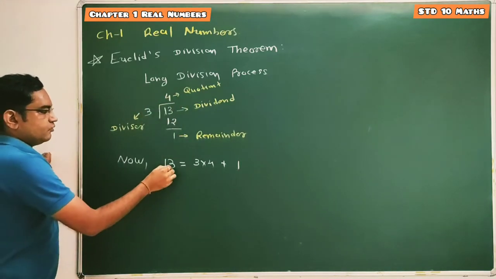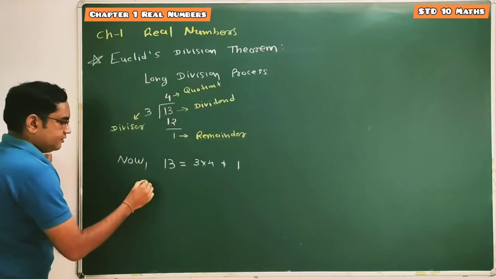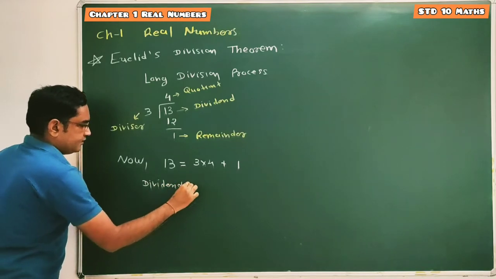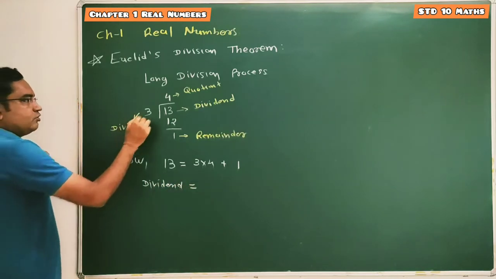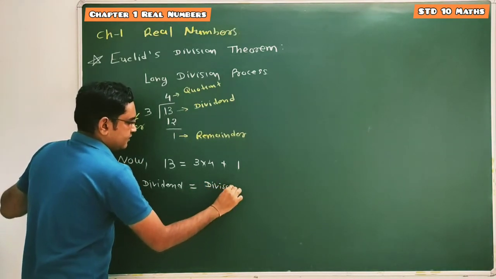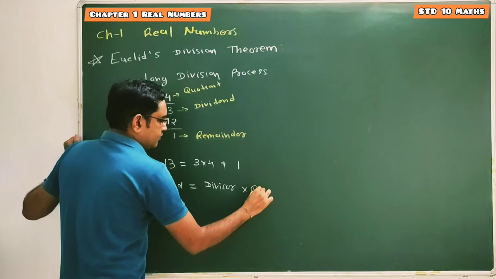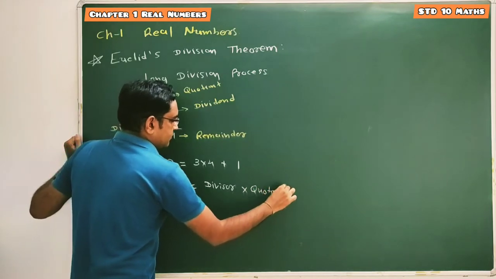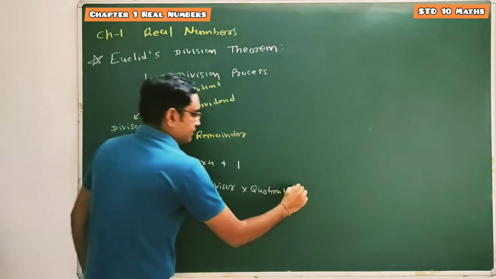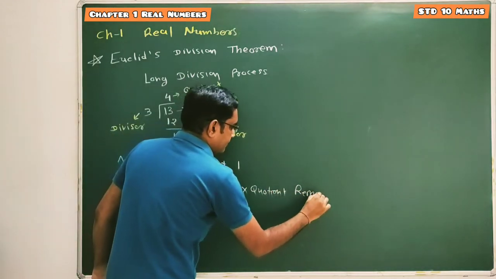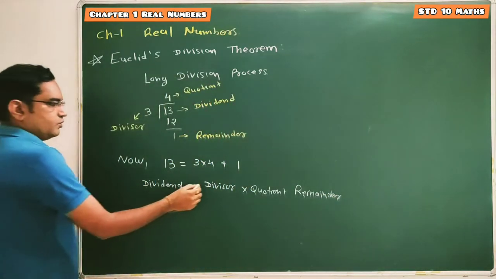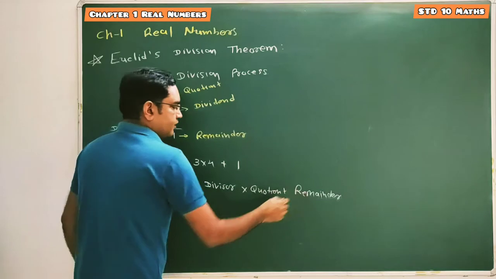That means 13 is the dividend, so we can write: dividend is nothing but the product of divisor and quotient plus remainder. So dividend is equal to divisor into quotient plus remainder.